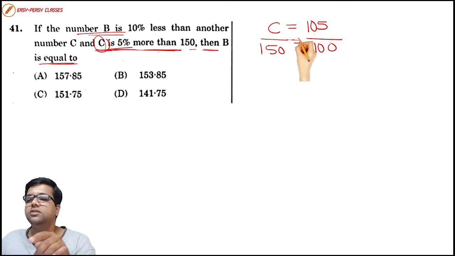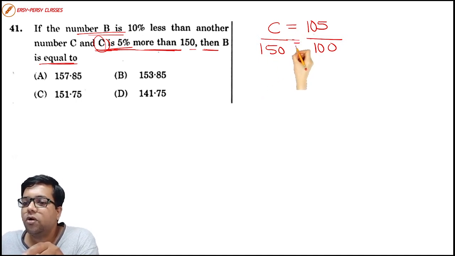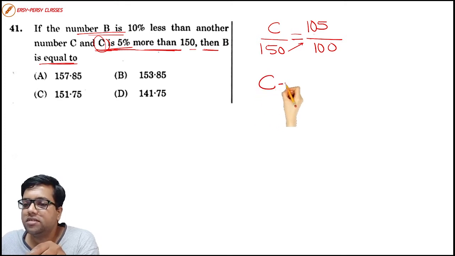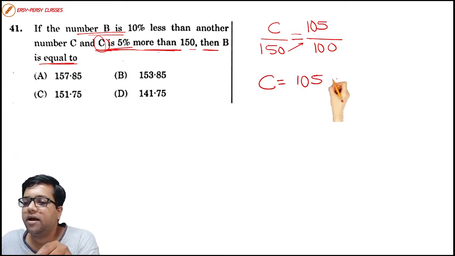Then this is the value of C. So you cross multiply, 150 over here, you get C is equal to 105 into 150 by 100.